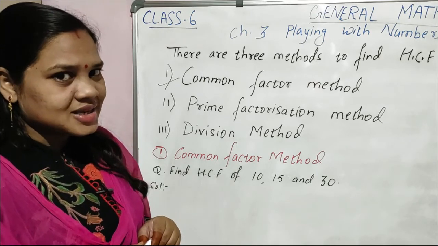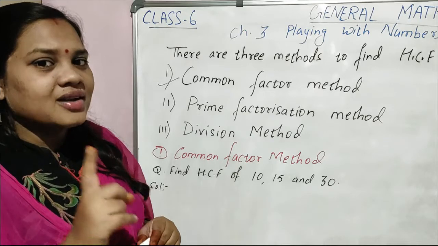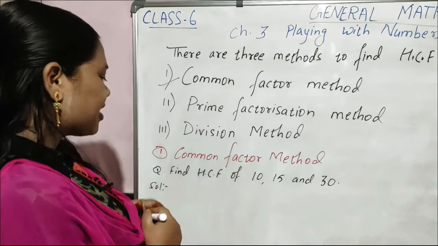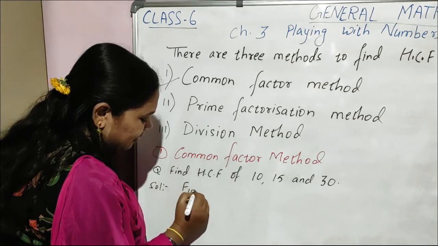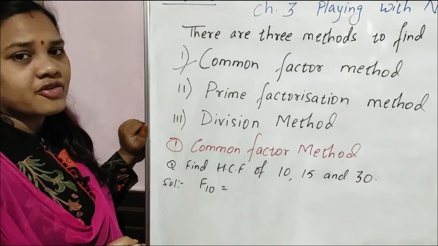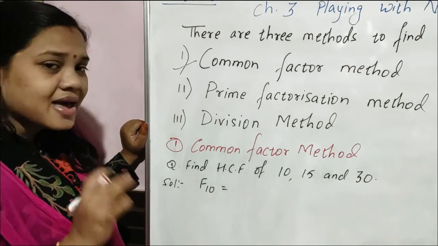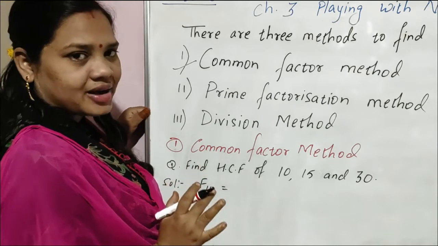So what is the first step? Step number 1, find the factors of given numbers. So first we will find factors of given numbers. Factors of 10, in short, can also be written as f of 10. What are the factors of 10?